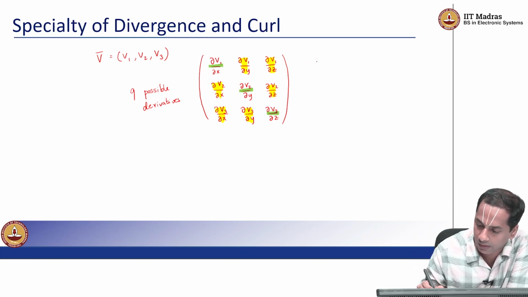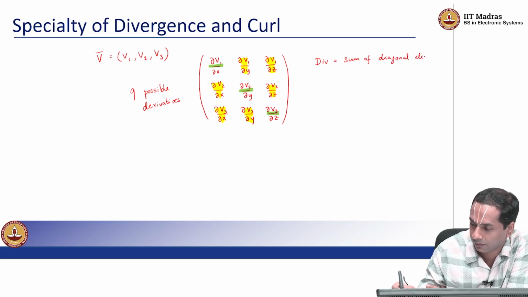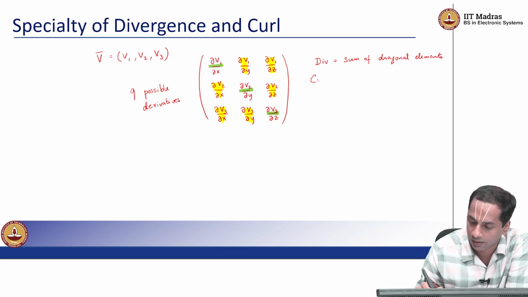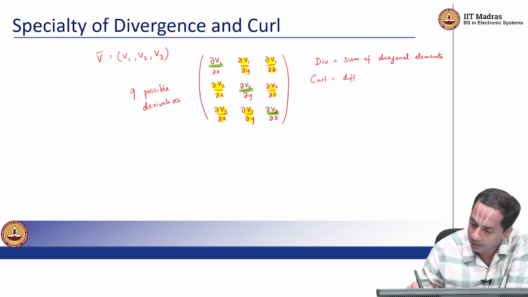So the divergence is the sum of diagonal elements, and then the curl takes the differences of off-diagonal elements.